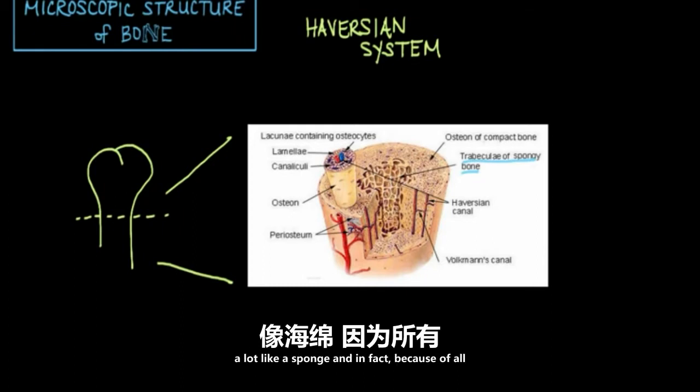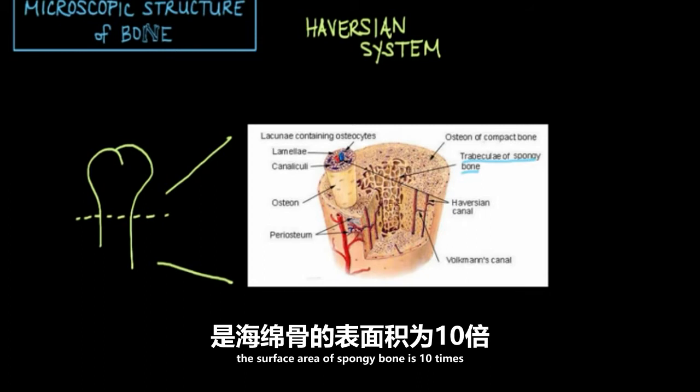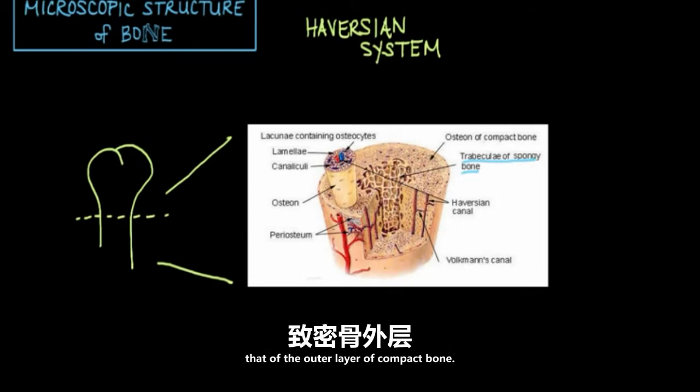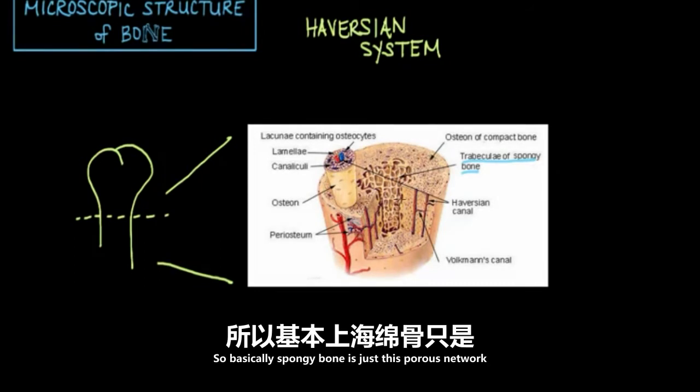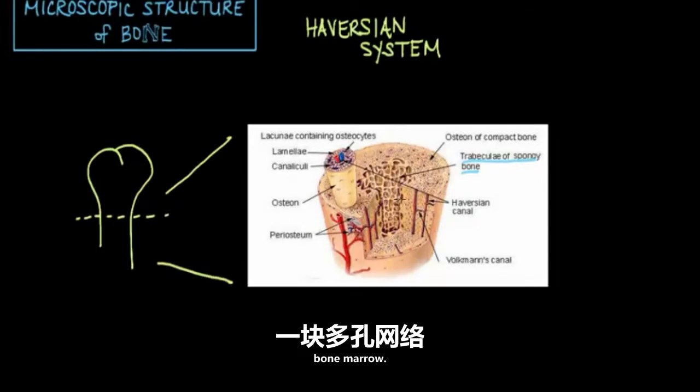In fact, because of all these various trabeculae or cavities, the surface area of spongy bone is 10 times that of the outer layer of compact bone. So basically spongy bone is just this porous network of spikes surrounding the innermost portion of bone marrow.